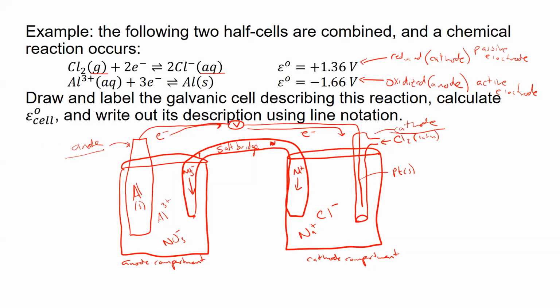All right. Now the other thing for this: we've drawn and labeled the cell to describe the reaction. We can now calculate the cell potential for this reaction. Our cell potential, E0 of the cell, will equal, remember, the potential at the cathode minus the potential at the anode.